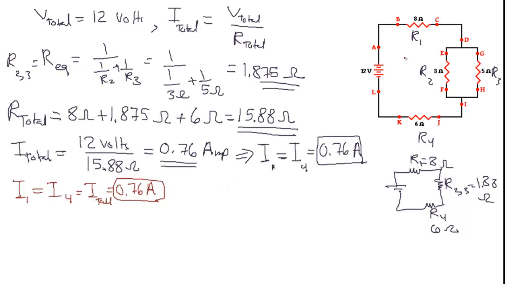At that point the current will split, as we learned, between the two branches, and the amount of current that will go through the 3 ohm and the 5 ohm resistors will depend on the voltage across them. The current will split based upon the resistance, so the one with the less resistance will take the bigger current. But in order to find the current, we have to find the voltage first.